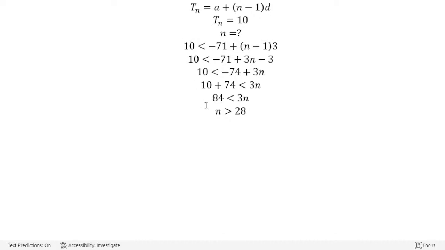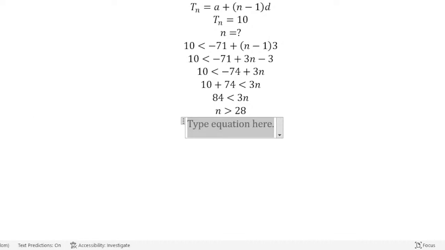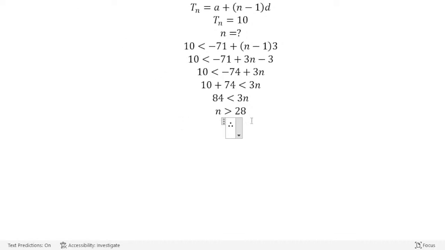So since n is greater than 28, therefore n is equal to 29. So this is our final answer. Therefore n is equal to 29.